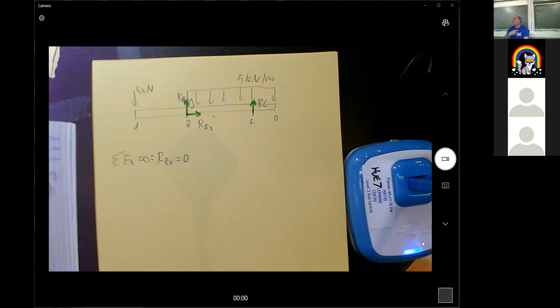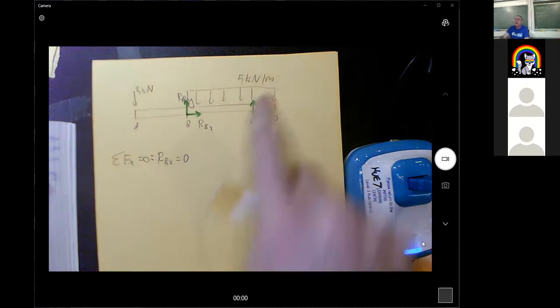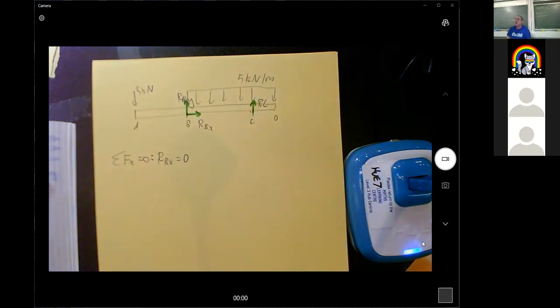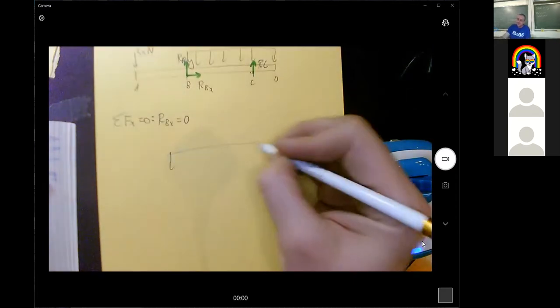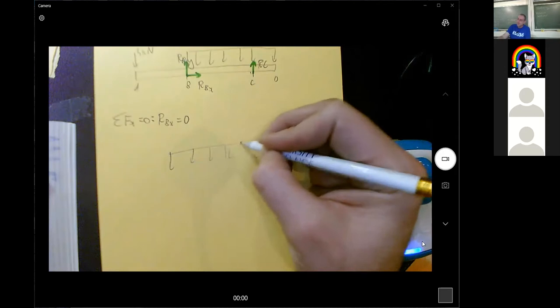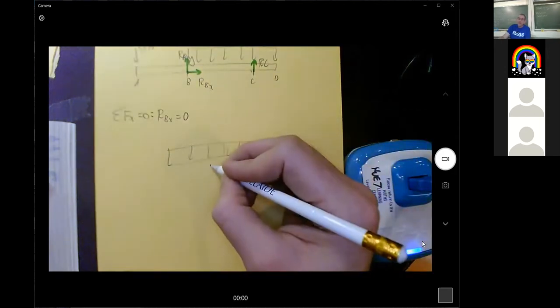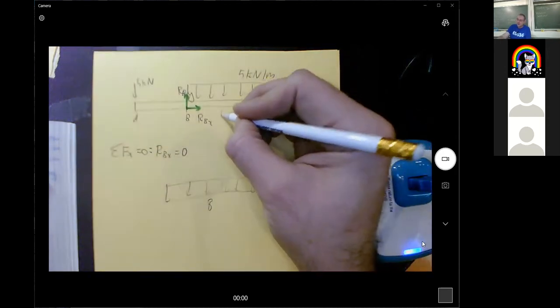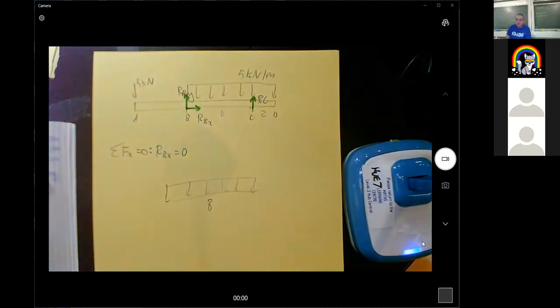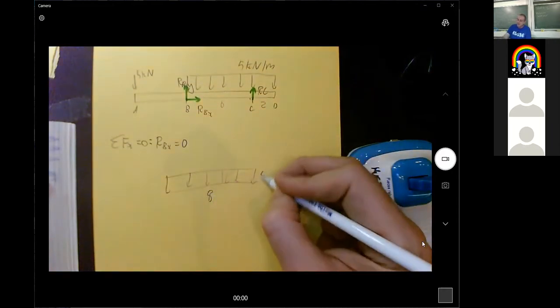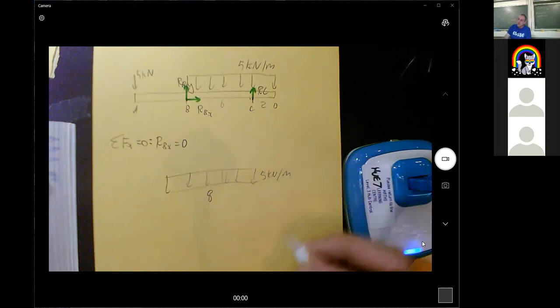My instinct would be to do what I did with the fluid pressure and replace this whole thing with a single force. Does that sound like a good plan? Okay. That's a rectangle. It's 8 long because this was 6 here and this was 2 here. And it's 5 kilonewtons per meter high.